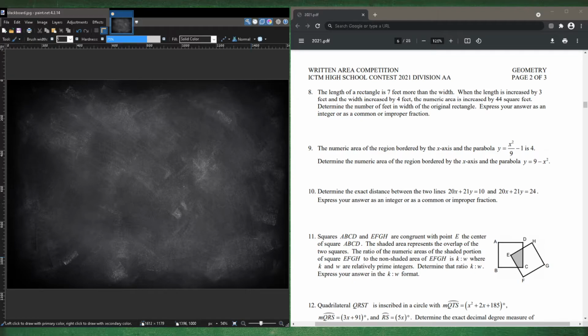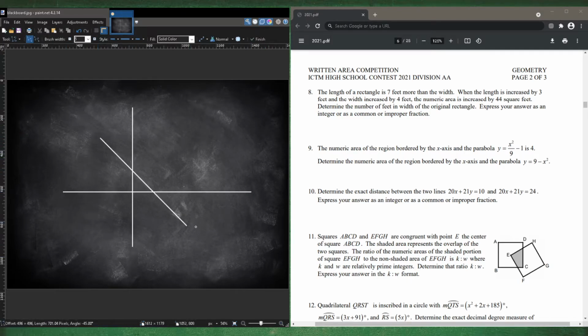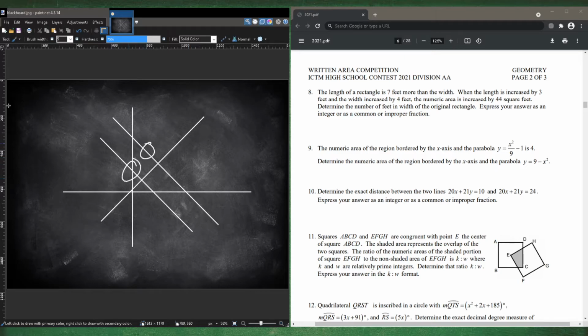Determine the exact distance between the two lines 20x plus 21y equals 10 and 20x plus 21y equals 24. So to solve this question, generally, if you don't really know what to do, you could just find a perpendicular line to these two lines, which is what they wrote down.